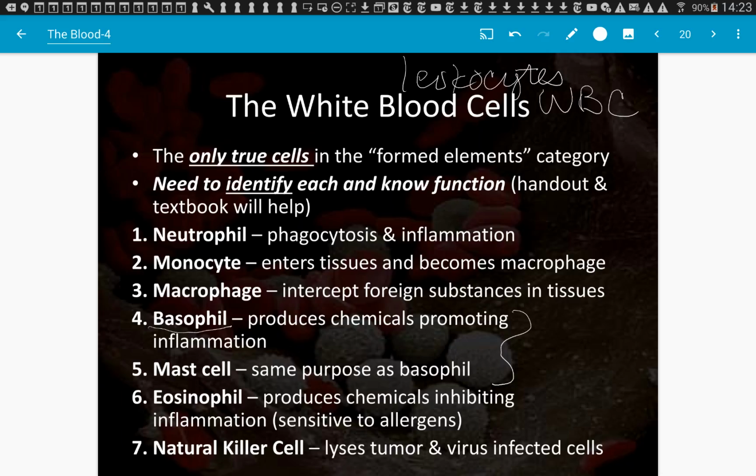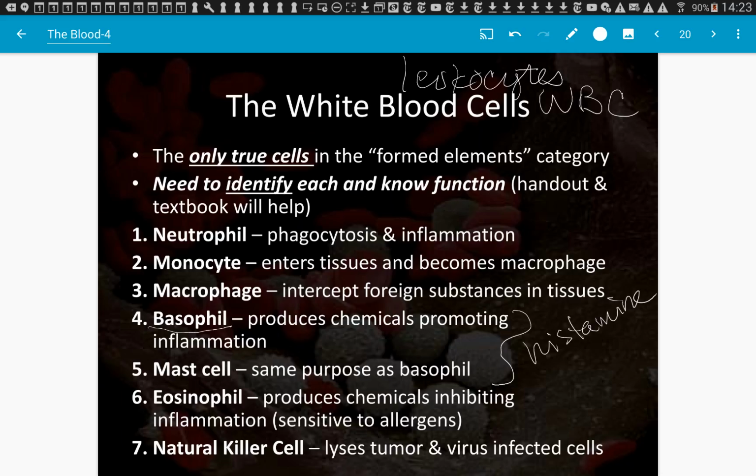These are usually the ones you would blame for your seasonal allergies, because they contain histamine, which triggers that inflammatory response to a foreign substance like pollen, dust, or mold. Histamine is released, and the inflammatory response is supposed to be a good response, bringing more blood and white blood cells to that area and helping to fight whatever foreign thing is there. But sometimes that inflammatory response goes too far, and we'll talk about that more later.